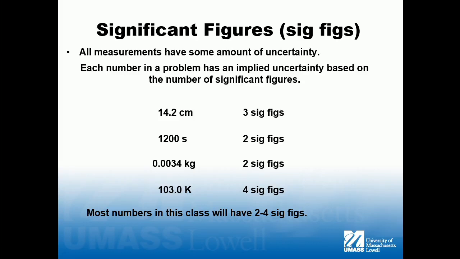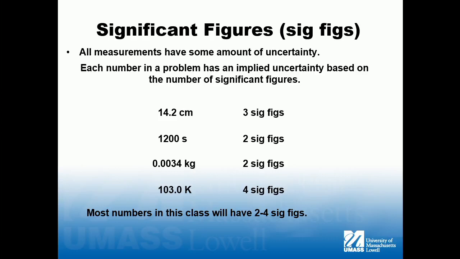So if I round that to one significant figure, that's 2 meters. 1.75 meters to one significant figure rounds to 2 meters. But what this is telling you is there's a certain precision associated with every single number. And the number of significant figures is an indication of how precise your measurement actually is.